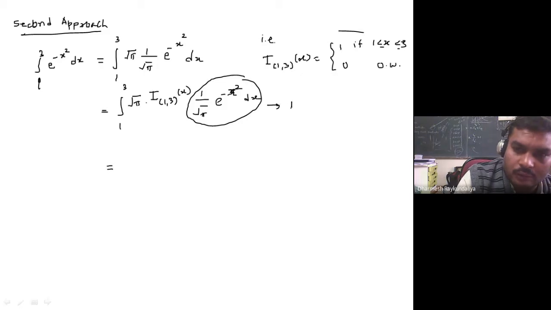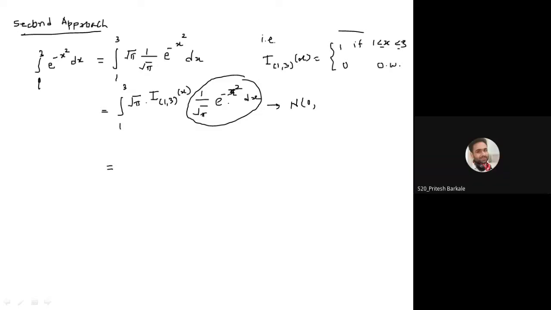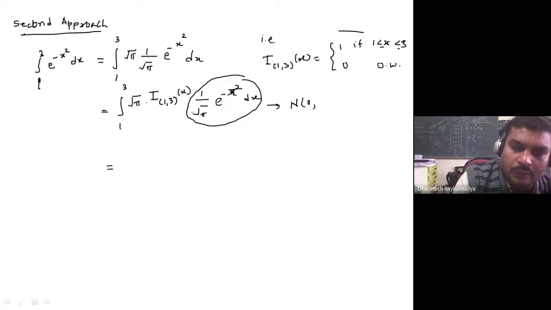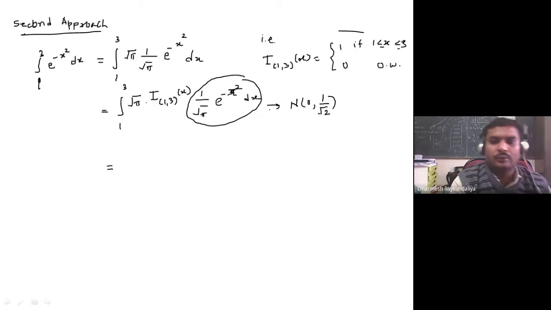This is nothing but normal with mean 0 and variance what? If we take 1, then the normal density has root 2 pi sigma, so root 2 and sigma should cancel. So I have to give sigma equal to 1 upon root 2. Right? Because the normal density is 1 upon root 2 pi sigma. Here root 2 is not showing, so if I take sigma as 1, this is a mistake. So I say it is normal with mean 0 and sigma 1 upon root 2.